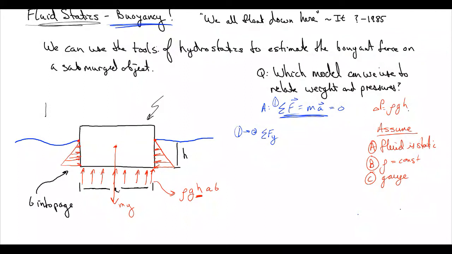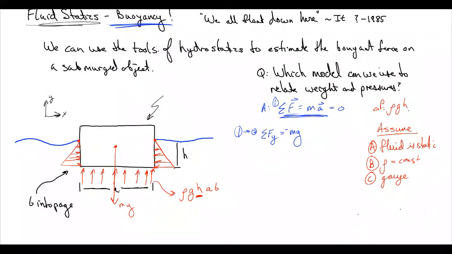Y and X. Sum of the forces in the y direction is equal to, well, we have a negative mg, mass times gravity. Great. And we also have a rho g h a b, and that's in the positive direction, plus rho g h a times b. Great.